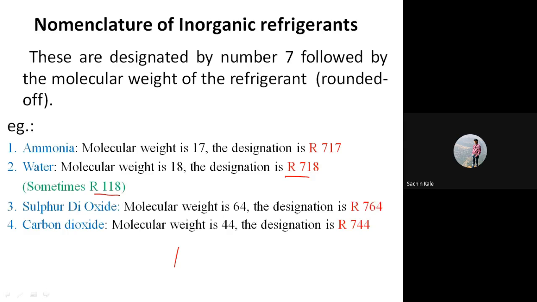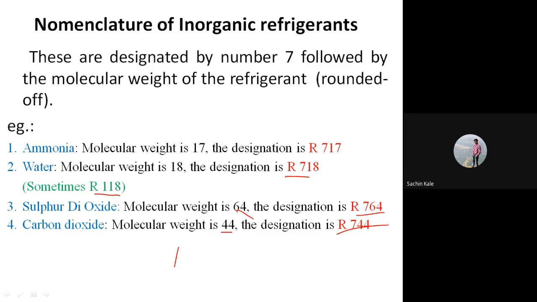For multiple choice questions, this designation system will be asked. That means they may ask you to give the name of the refrigerant for R764. Or for general knowledge purposes also, you should remember this designation system. Sulfur dioxide will have the molecular weight 64, hence designated R764. Carbon dioxide will have the molecular weight 44, hence designated as R744.